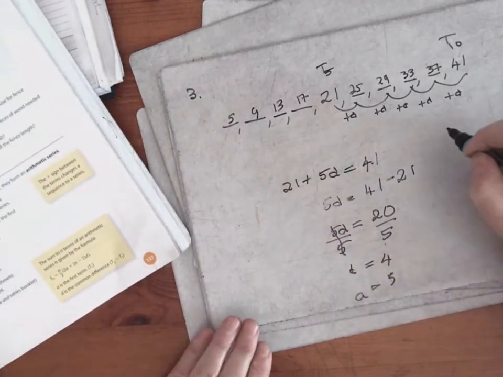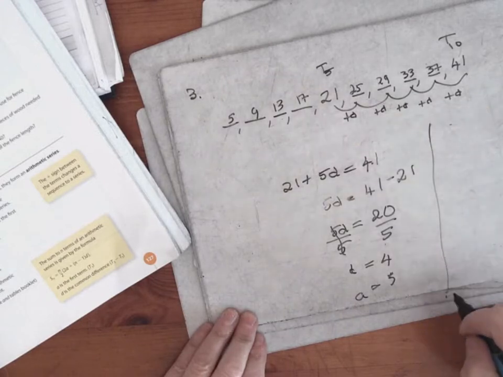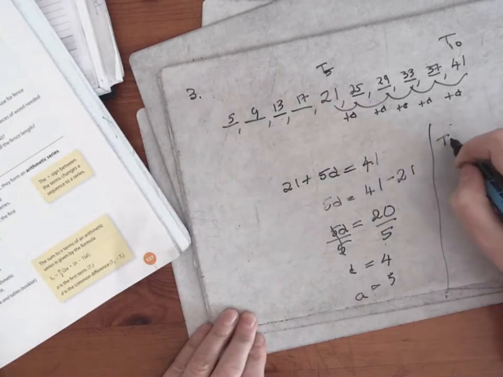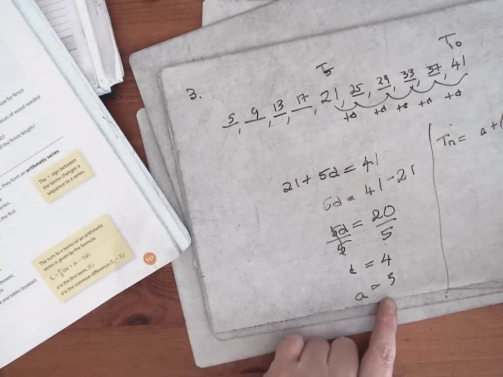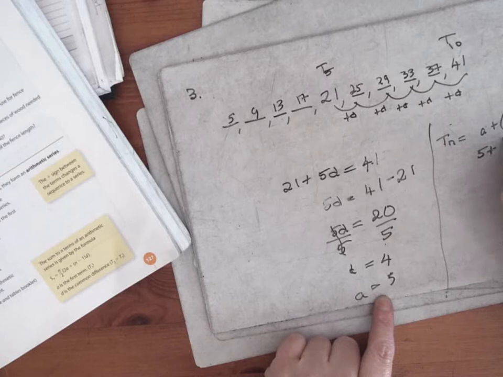And then it says hence find Tn. So they've asked me to find Tn this time. It's an arithmetic sequence, so I can use my formula A plus n minus 1 times d. A is the first term, which I just figured out was 5. Remember, don't fill in for n.